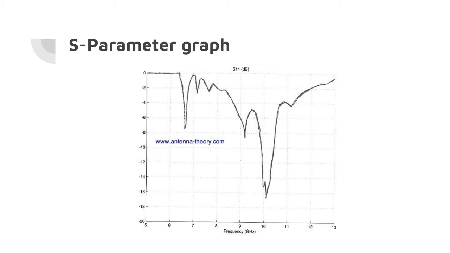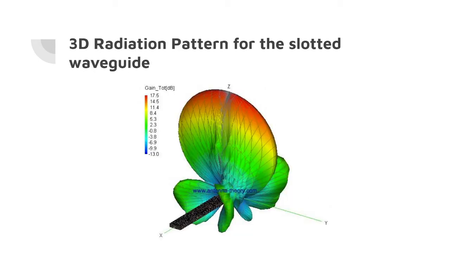Next, I am going to show you a 3D radiation pattern for the slotted waveguide. This is it. This was calculated using a numerical electromagnetics package called FEKO. The antenna gain is approximately 17.5 decibels.